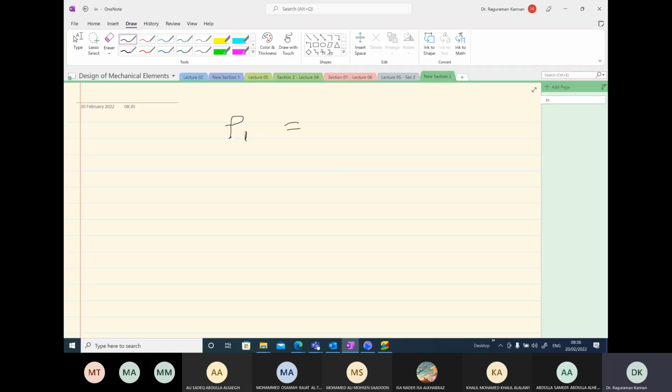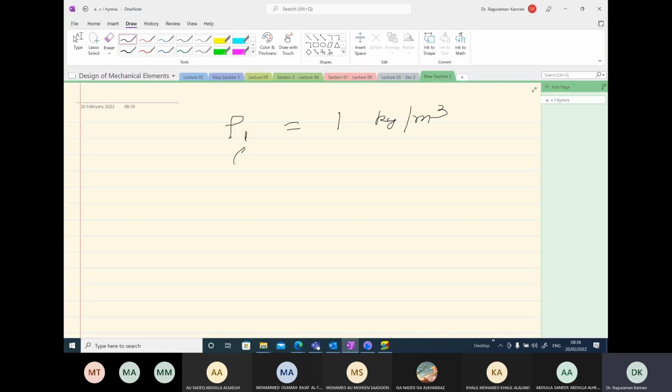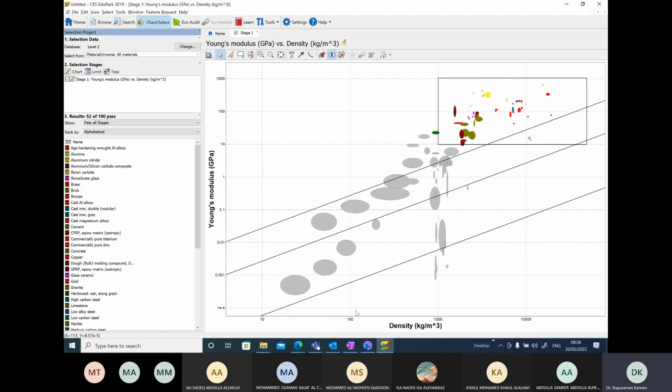So rho 1 value is 1 kilogram per meter cube, right at this point. And then when we go here, it is 10 kilograms per meter cube. So disregard what I told before. The displayed values here look like absolute values of density, because that makes sense.